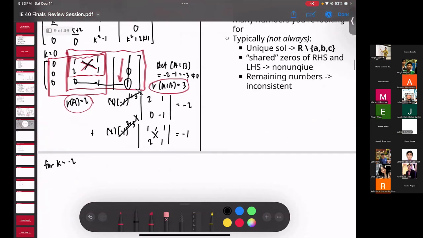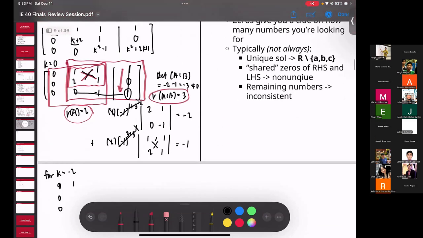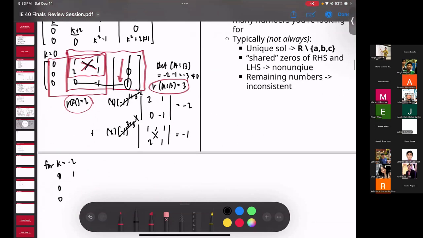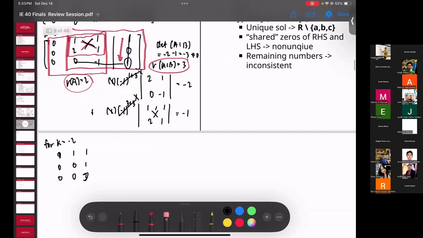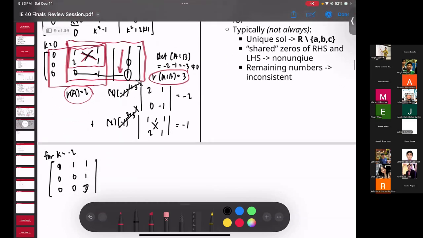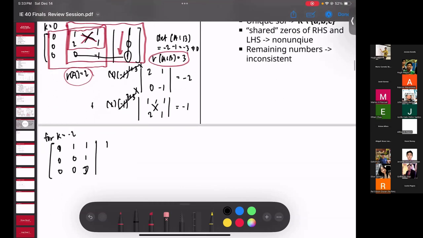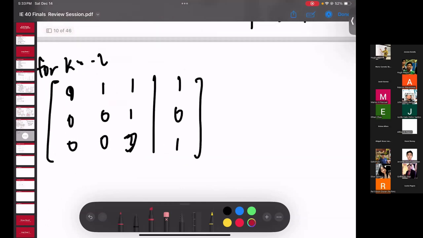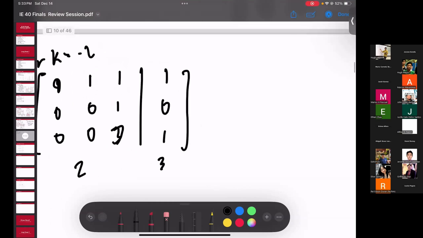But once you evaluate it, so k equals negative 2, 4, 0, 0, 1, so negative 2, 1, 0, 0, 1, 1, 3, and then, oops, sorry, and then 1, 0, 1. Plugging this in, you can test yourself, but you will have rank 2 here and rank 3 here.